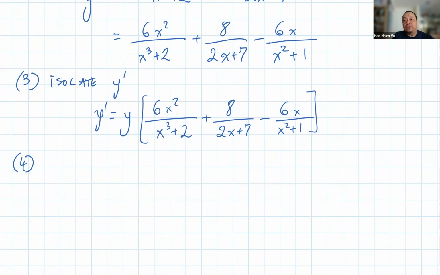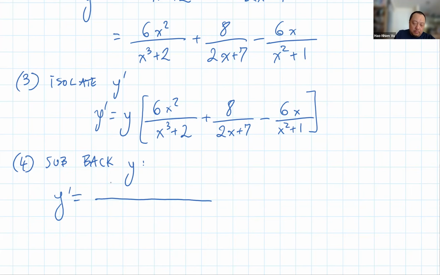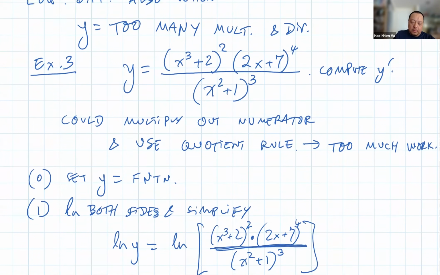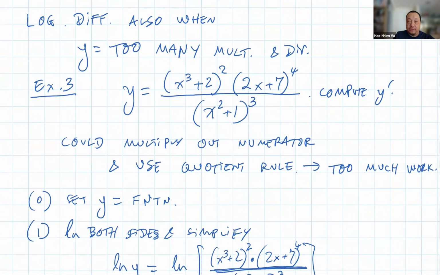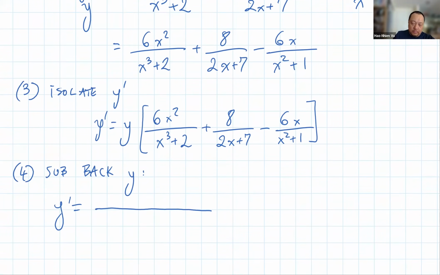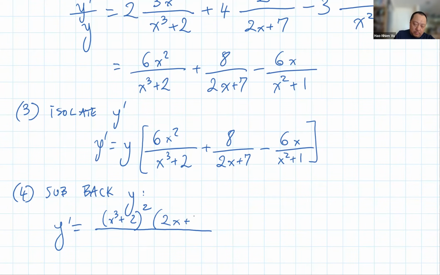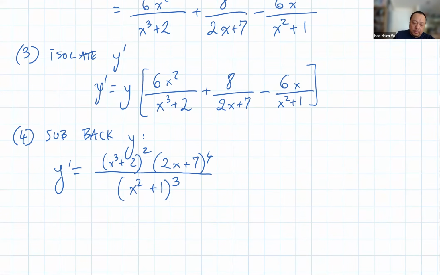And step 4, just as before, to substitute back the y. And y was all of this. So all of this is y, and I still need to copy all of this down.